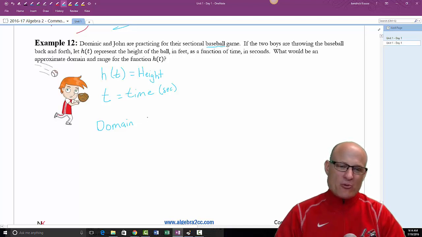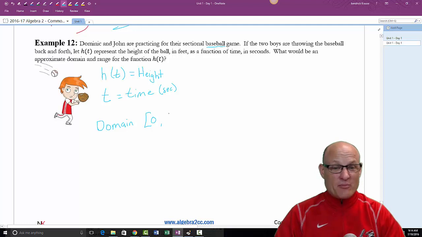Certainly when the ball, just before it's thrown, is at 0, how long could it be in the air for? I don't know, maybe 5 seconds would be the most. Maybe you could argue 6, you could argue 4. But certainly if you wrote 12 there, a ball that's thrown for 12 seconds, go out and try to throw a ball as hard as you can and count.